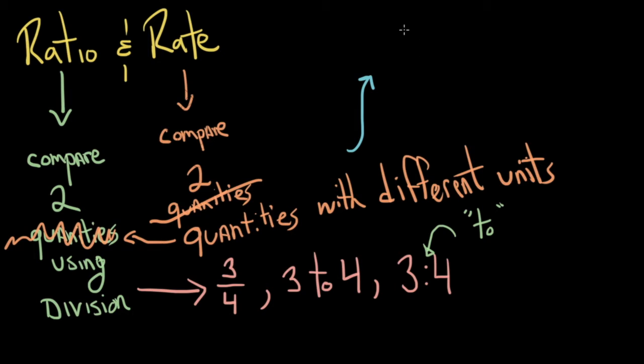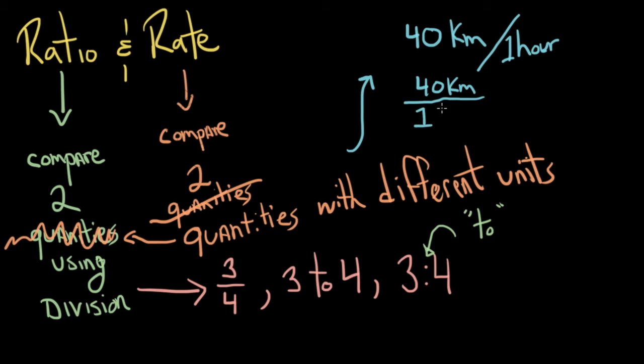Imagine you're driving a car, pretty slow, doing 40 kilometers per hour, per 1 hour. We're comparing two different things, kilometers and hours, so those are the two units. And notice that we're using division. If you wanted to write it as a division, you write it like this, per 1 hour.